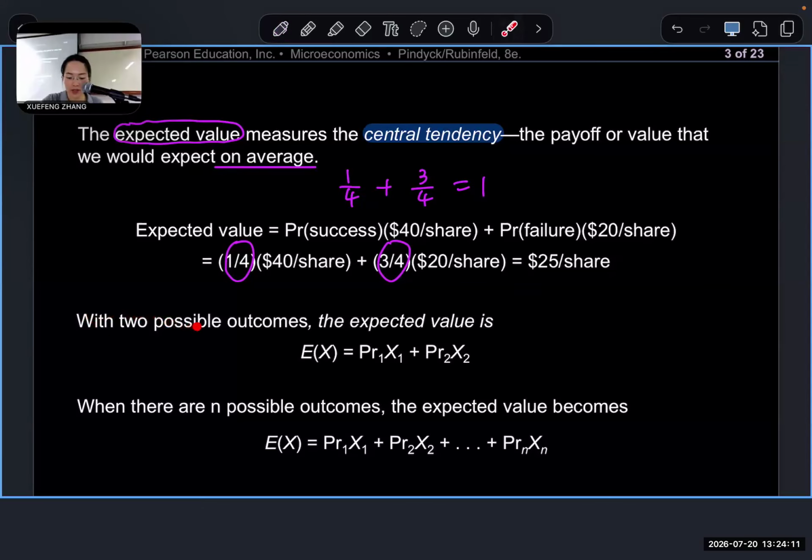So this is with two possible outcomes. The expected value is probability 1 times x1 plus probability 2 times x2. So in general, when there are n possible outcomes, the expected value becomes probability times the outcome, and then you sum them up until n, because we have n possible outcomes.